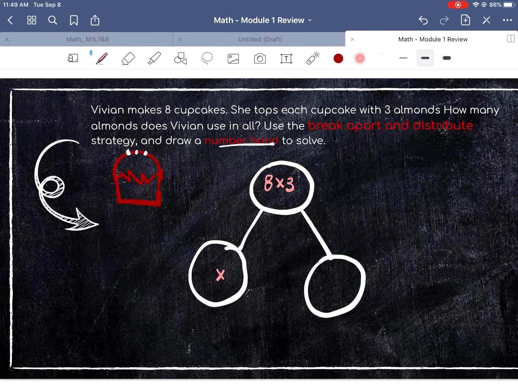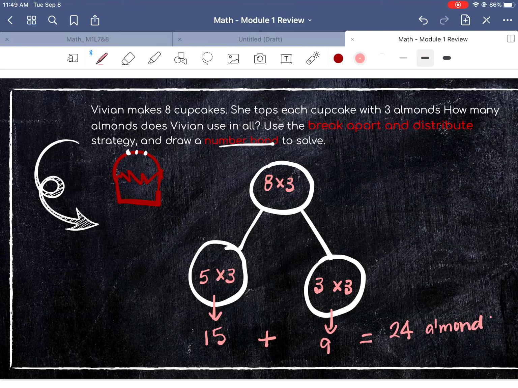And I'm going to split. I'm going to first keep my operation, which is times 3. And I'm going to split my 8 into 5 and 3. And I know 5 times 3 is 15. 3 times 3 is 9. And all I need to do is add these 2 numbers to find my total, which is 24 almonds.